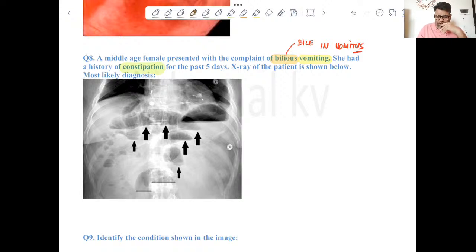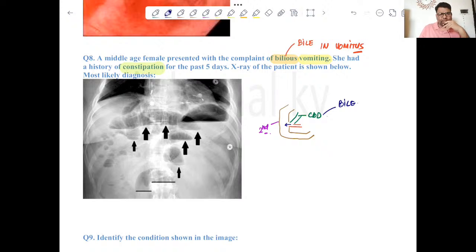Now when you have this word, what does it suggest? For that you need to understand a little bit of anatomy. Suppose this is the anatomy of the duodenum. In the second part of the duodenum, there is the opening of the common bile duct, which joins with the main pancreatic duct. The common bile duct contains bile, and it opens at the ampulla of Vater.